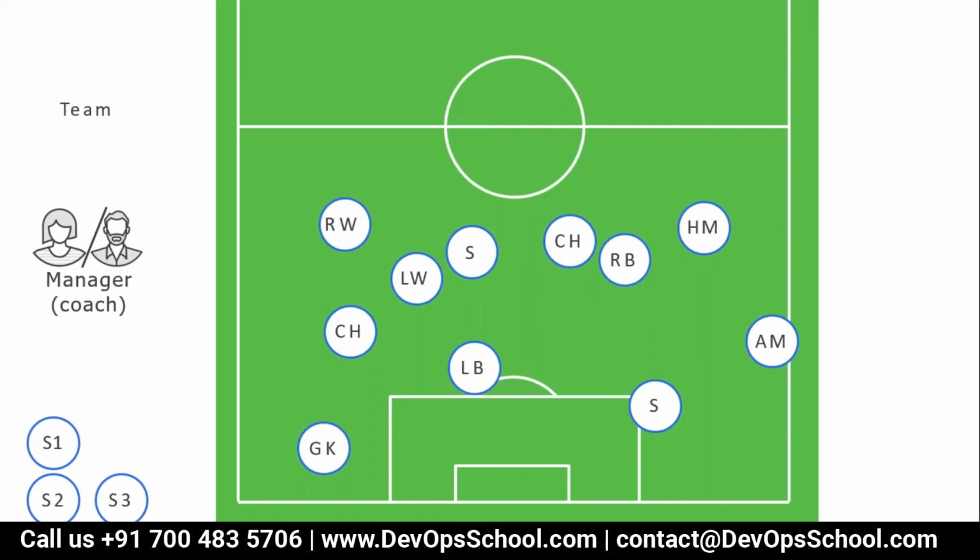That is where the manager is coming. Sometimes you call it a manager, sometimes you call it coach. I am from a Hindi medium school, so we used to call it Master G. So that is where the master comes into the picture, manager comes into the picture, and coach comes into the picture.